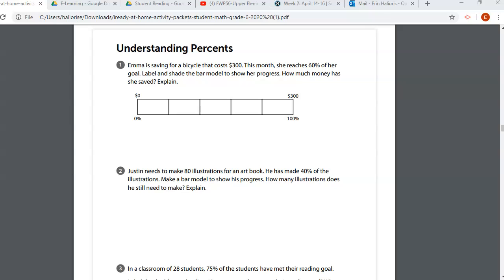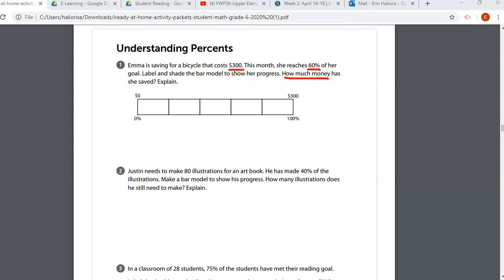Okay, so we know the bicycle costs $300. She reaches 60% of her goal. So we need to know how much money she has saved. Right, 60%.